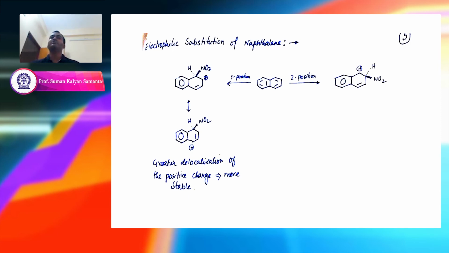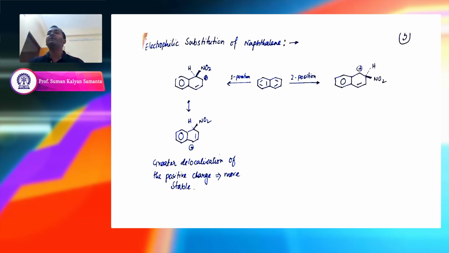So if it reacts at the 1 position, you get a positive charge at the 2 position which can be in resonance with this double bond to give this resonating structure. But if the reaction happens at the 2 position, this positive charge gives only one resonating structure, if we do not involve the other ring.